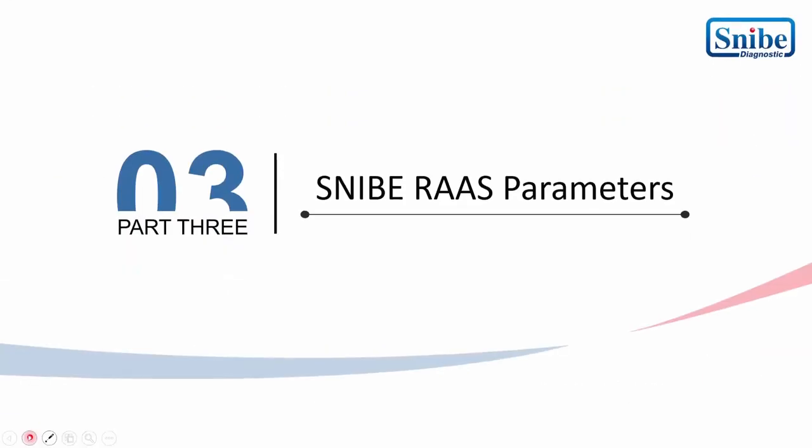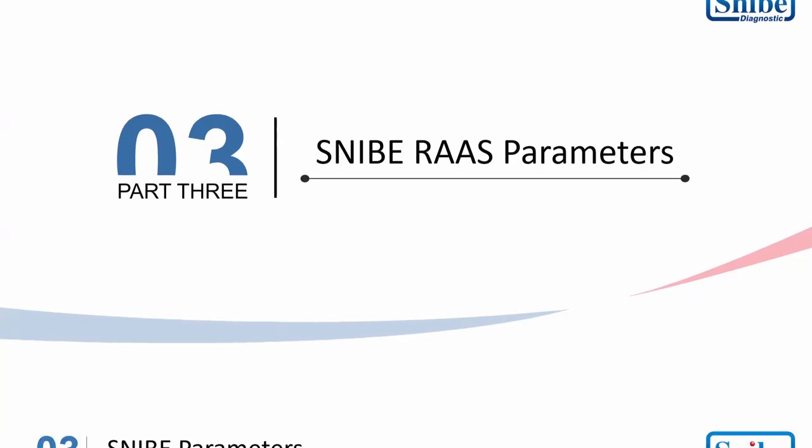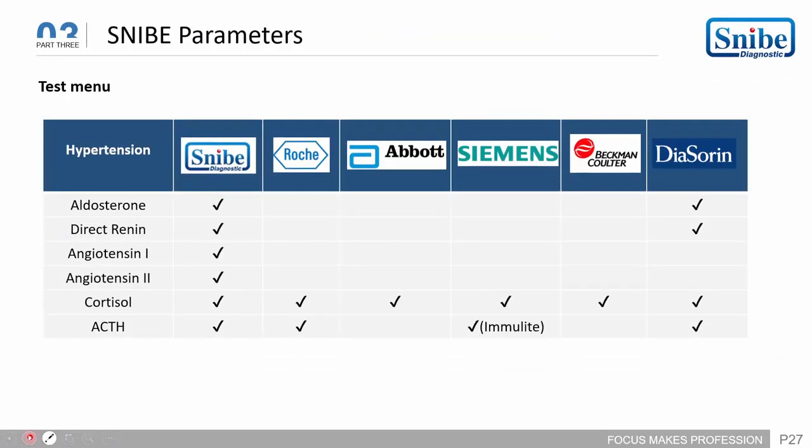So what are the SNIBE RAS parameter solutions provided from the SNIBE platform? That's the comprehensive menu exclusively provided by SNIBE. We have aldosterone, direct renin, angiotensin 1, angiotensin 2, cortisol, and ACTH for the diagnosis of hypertension, either primary, secondary, and the primary aldosteronism as well.